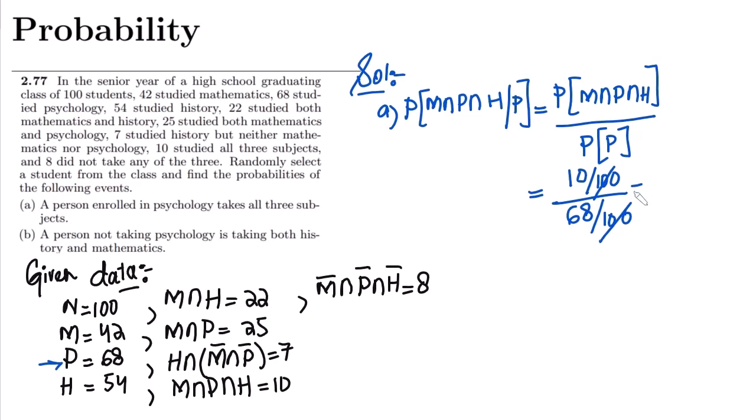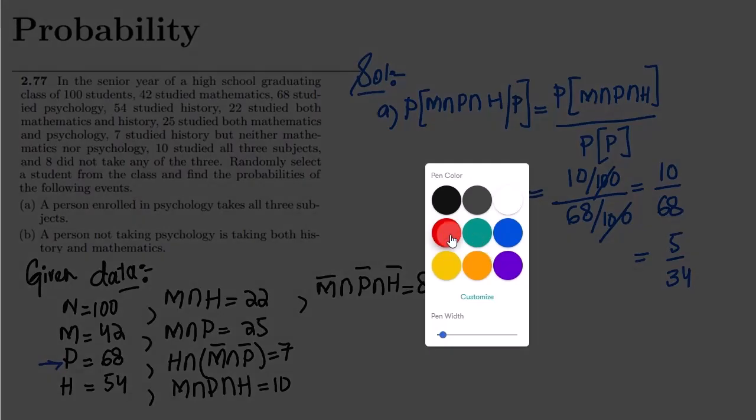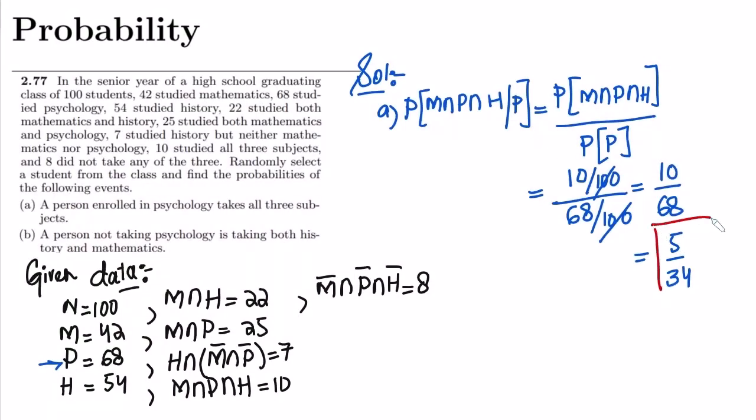So these two will cancel out, and I will get 10 divided by 68, or simplifying it, 5 divided by 34, and that is basically the solution of part A of our question.